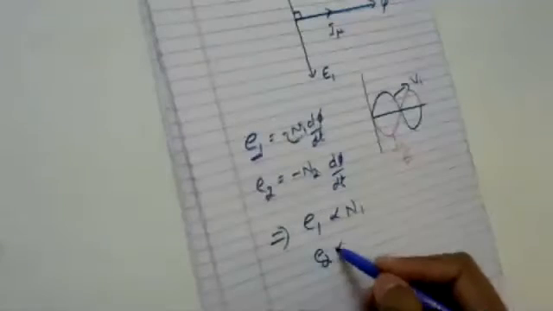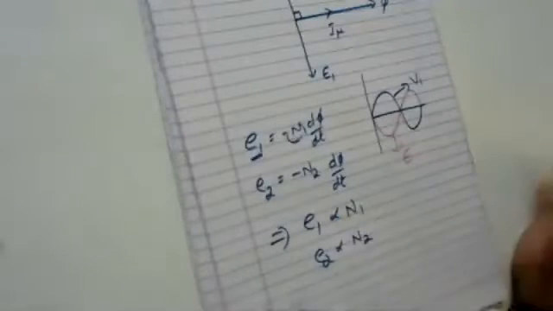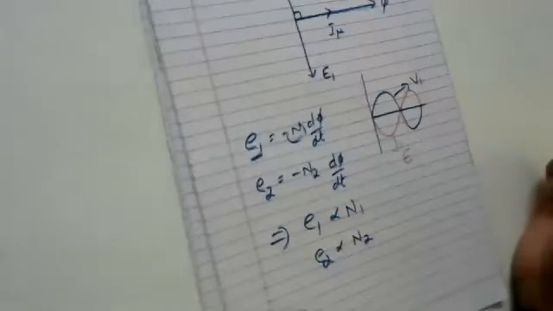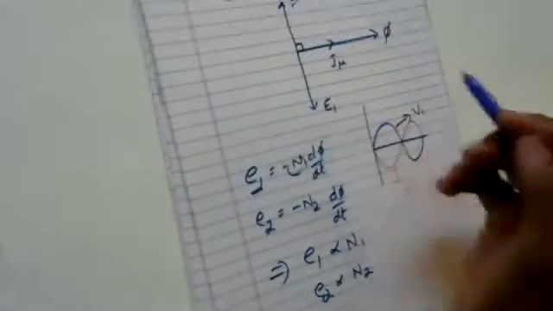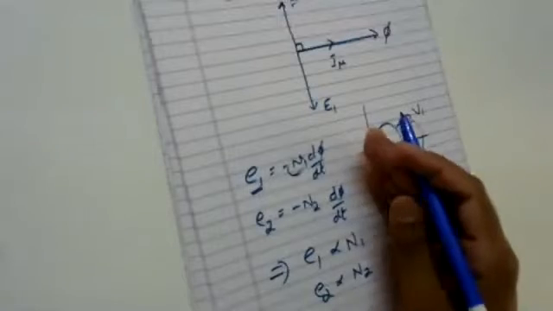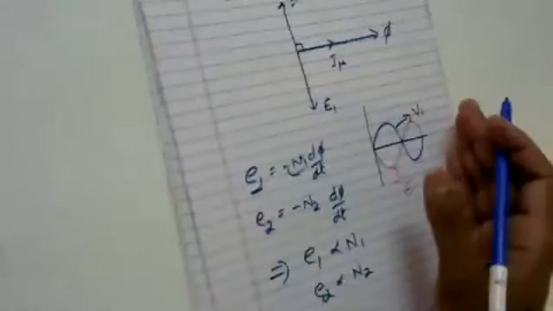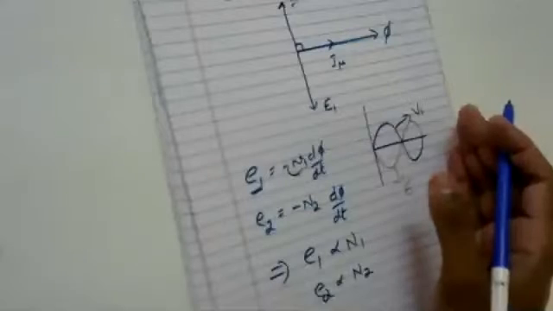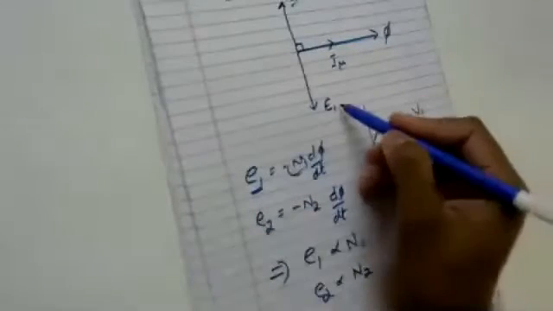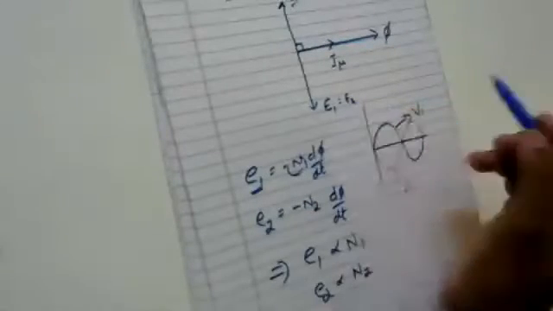Similarly, E2 is dependent on the number of turns on the secondary. Now, in order to represent E1 and E2, if the number of turns on the primary and secondary are the same, as in an isolation transformer, then E1 will be equal to E2.